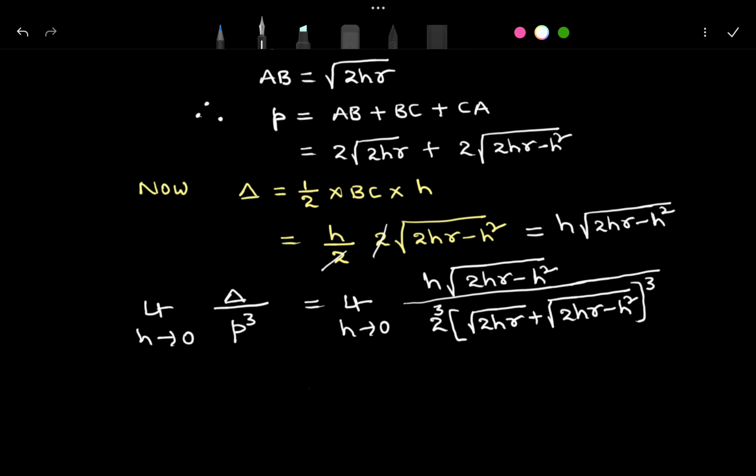So now by simplifying this value, you will get limit h tending to 0.